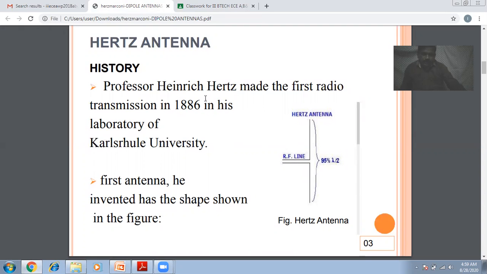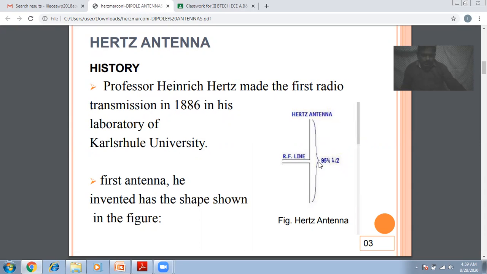Professor Heinrich Hertz made the first radio transmission in 1886 in the laboratory of the Karlsruhe University. From here to here, it is lambda by 2 in length. Physically, it is only 95% of lambda by 2, some 5% less than lambda by 2.